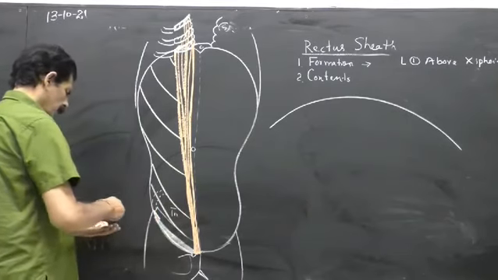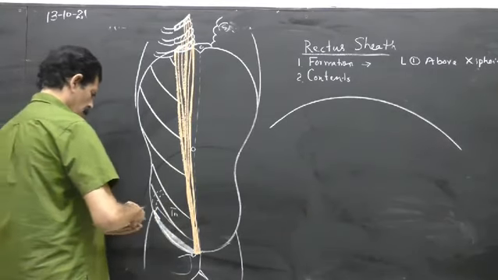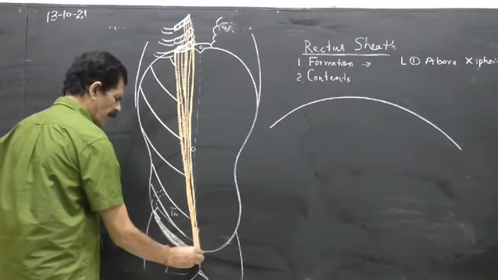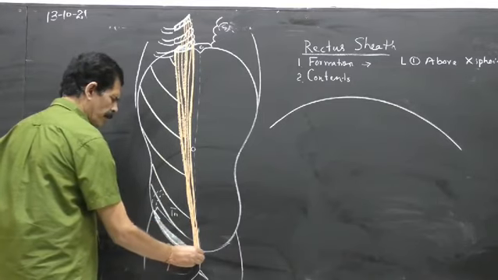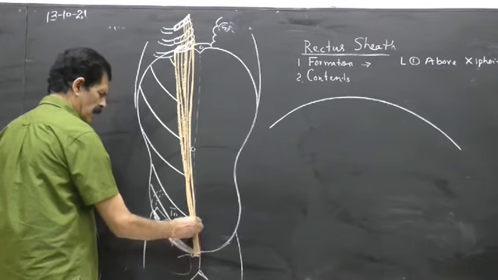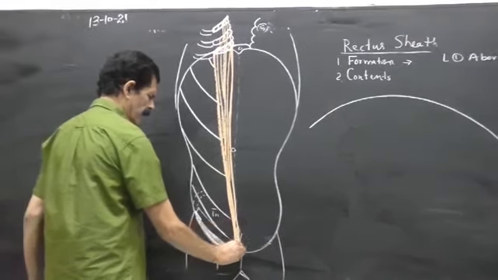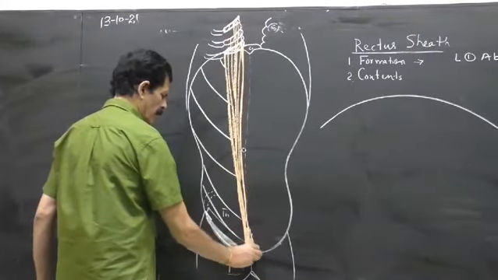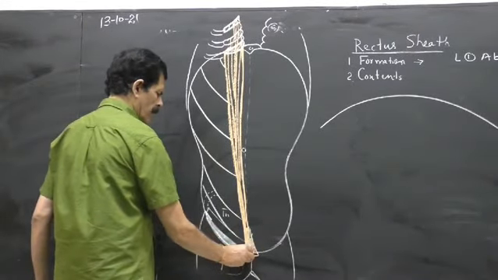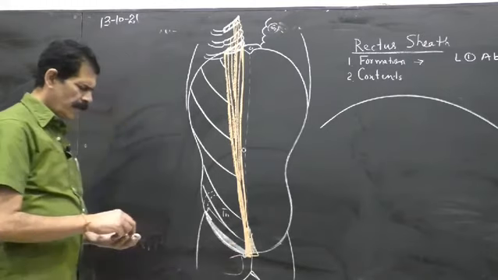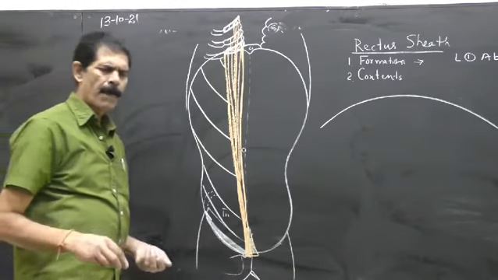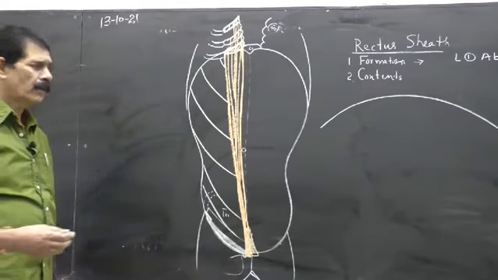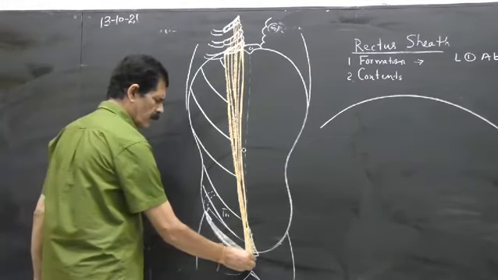T12 nerve supplies the pyramidalis muscle, which lies in front of the origin of the rectus. This is the pyramidalis muscle. Then in front of these two muscles is the attachment of the conjoint tendon.